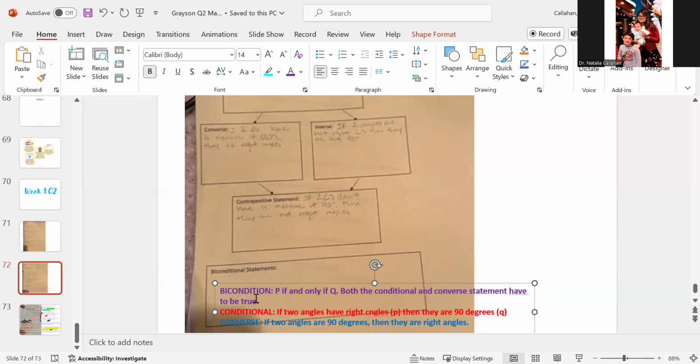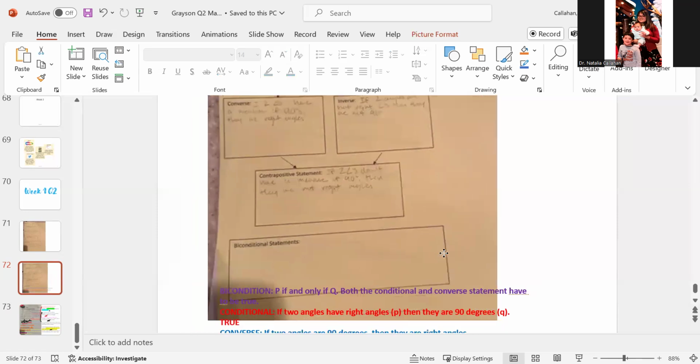Underneath is the conditional. Is that true or false? If two angles are right angles, then they are 90 degrees. That's true. Do you agree with that?